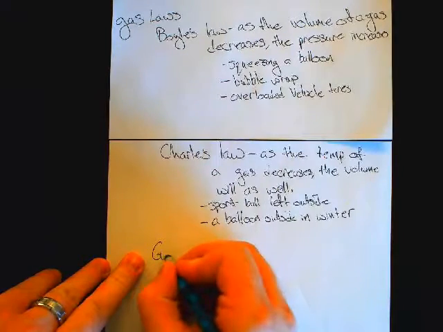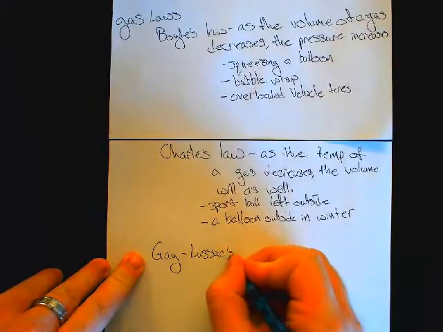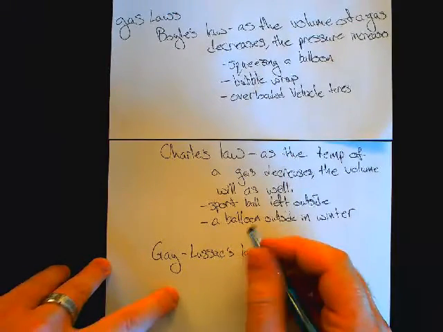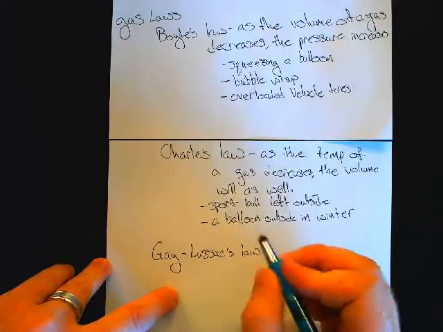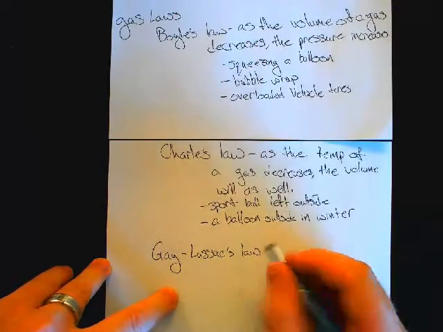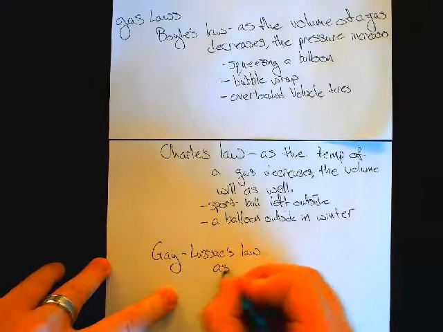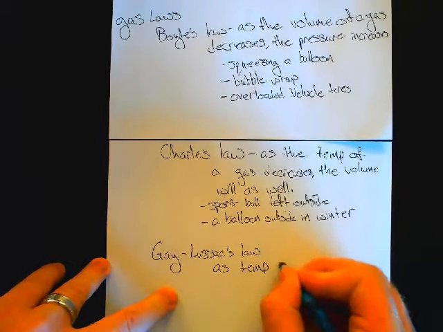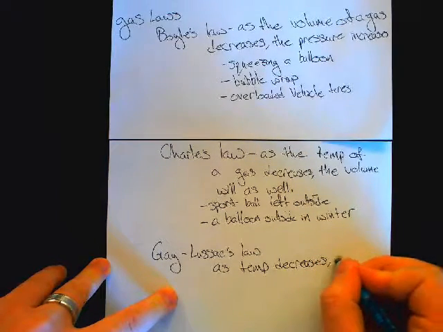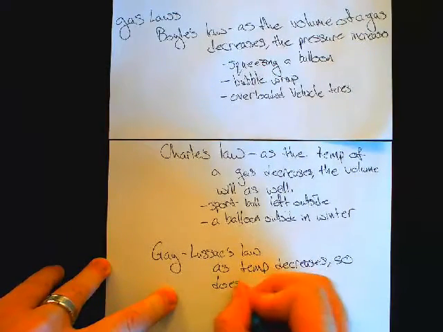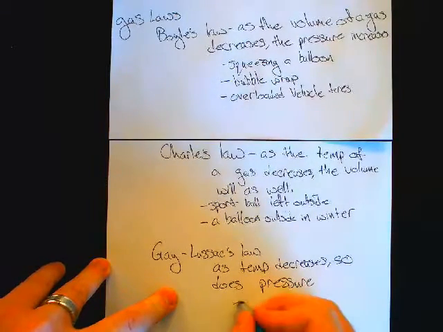Then we're going to go on to our last one here, Gay-Lussac's law, which is actually probably a better representation of the tires and temperature, because this tells us that as the temperature decreases, so does pressure, which would be like car tires in the winter.